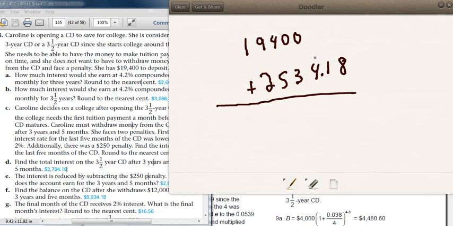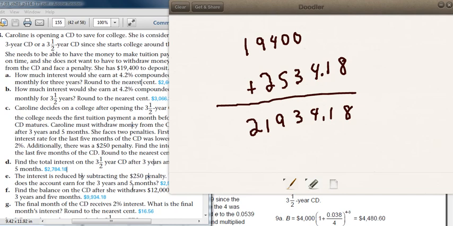So we just add those. This represents the actual balance that's in the account: the original principal plus the interest that was earned, even though we lost some money because of the penalties and the interest rate as it went down.